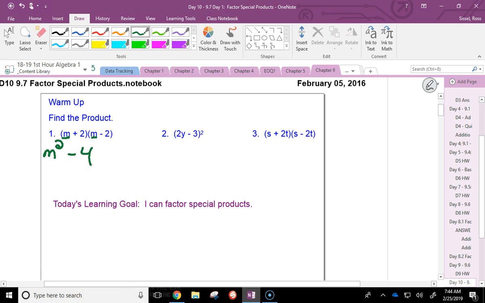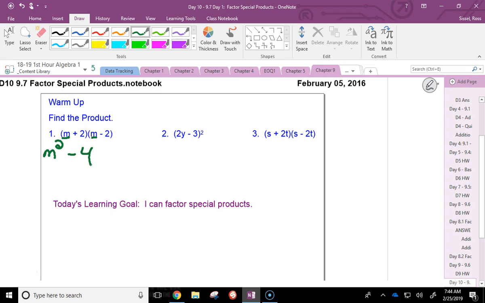I'm doing the subtraction. I have nothing else, because if we would have factored this out, it would have been negative 2m and a positive 2m, which will just cancel each other out. So you have the difference. The shortcut is squaring the first term, squaring the last term, and making the last term a negative. If you did all the work out, it would work just fine.